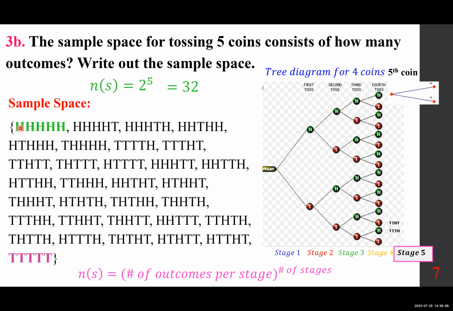Pay attention to the very first one. There are 5 H's, 1, 2, 3, 4, 5, because there are 5 coins. And look at this one: all H's except the last one. And look at the very last one: T, and there's one more that I didn't have room to put. There are 5 of them. Total of 2 to the 5th, or 32 outcomes.